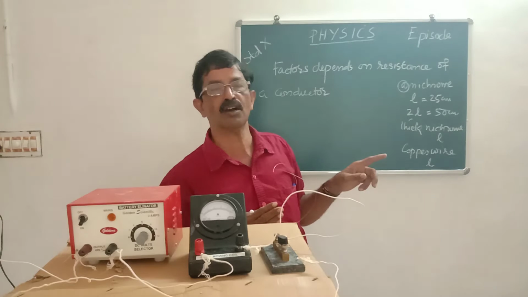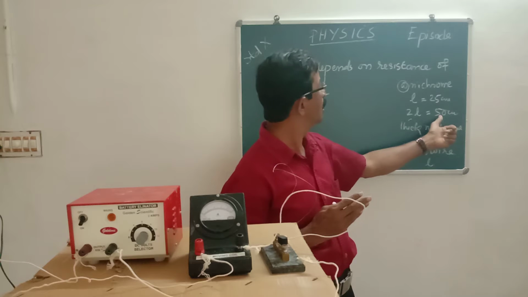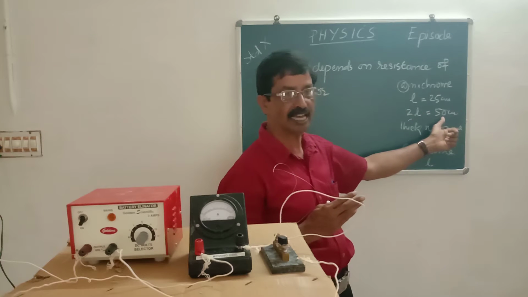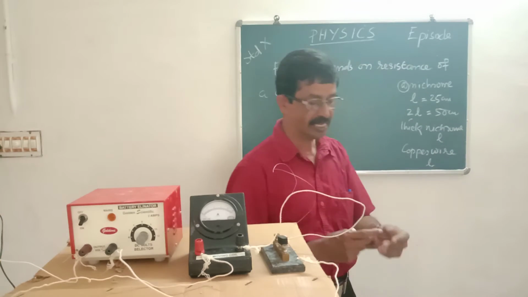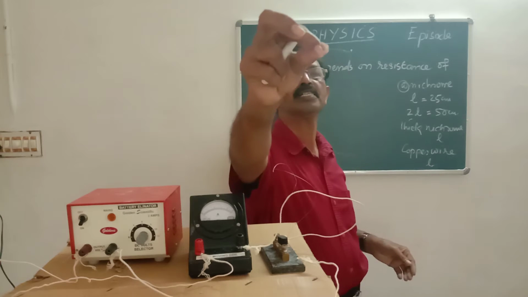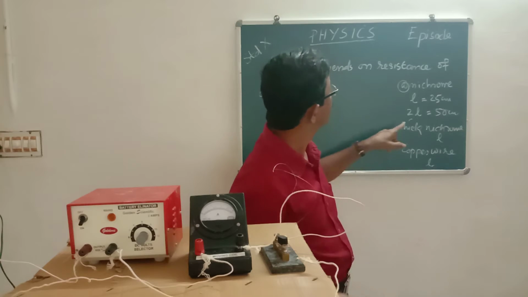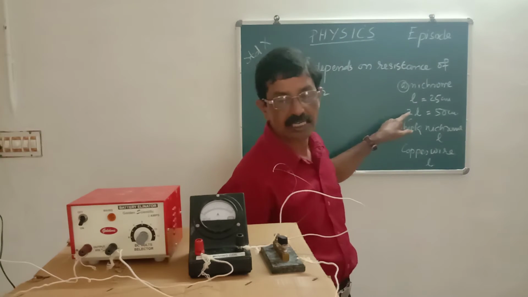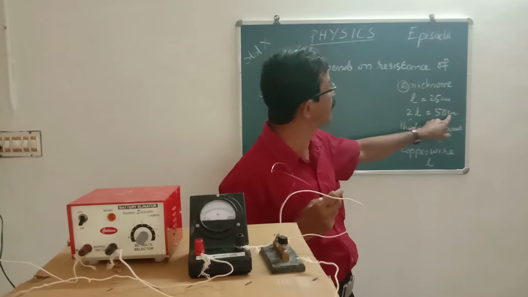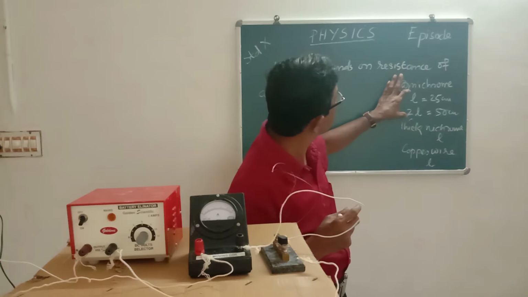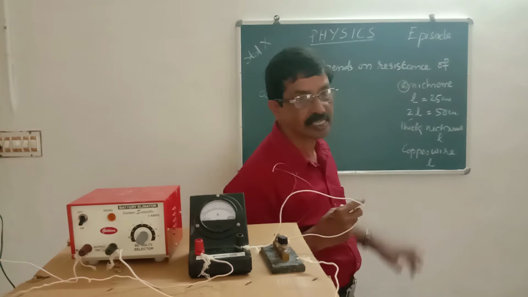Then another nichrome wire of length 2L, double of this one, that is 50 centimeter. The thickness of these two is the same.